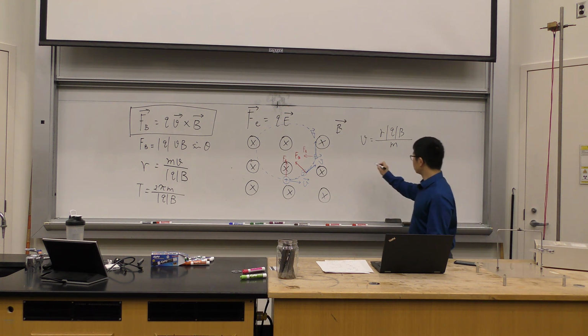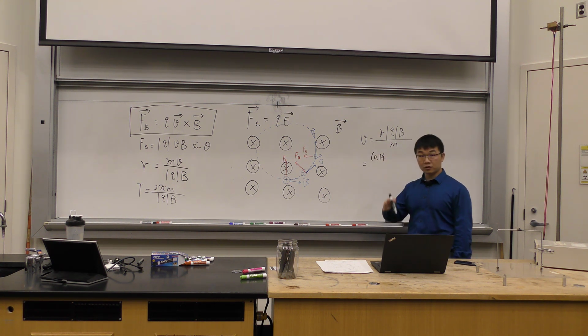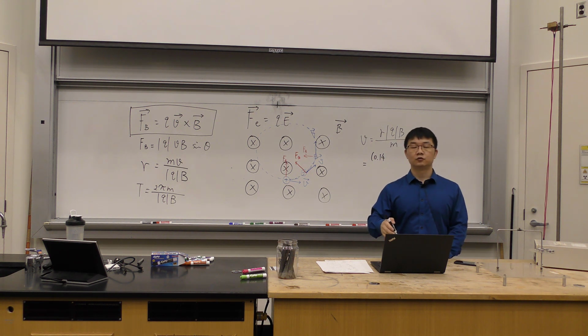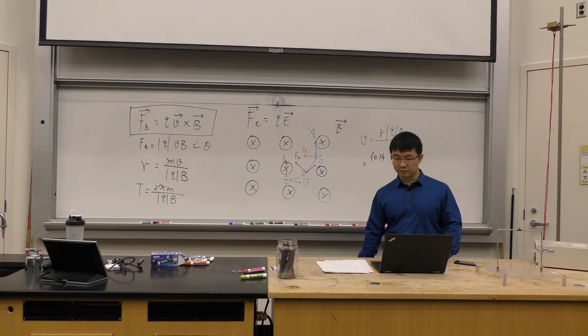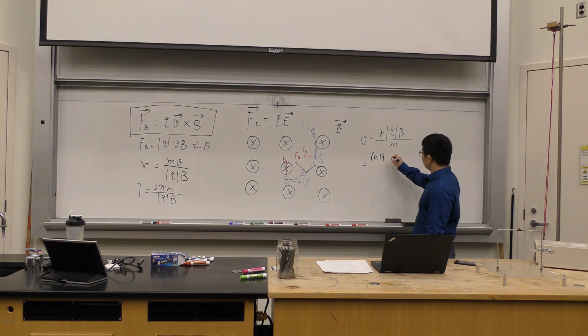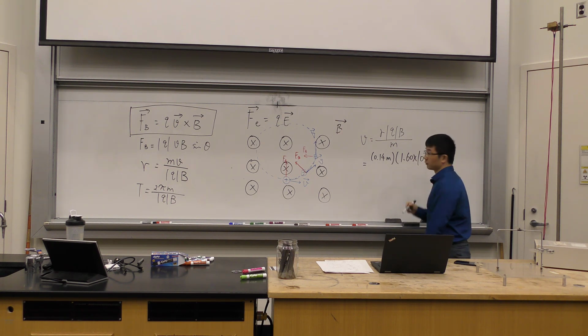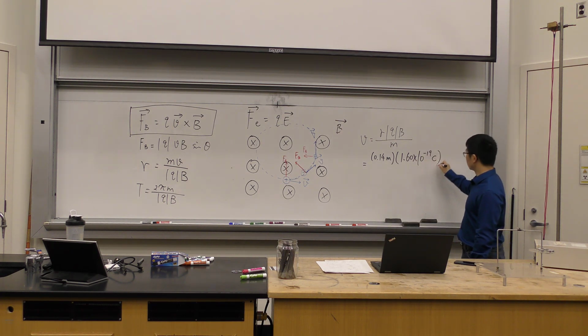All right. So in this case, the radius is 14 centimeters. Again, pause the video and do the math yourself, and see if you can get the same answer. Now the charge of a proton is the fundamental charge, a constant.